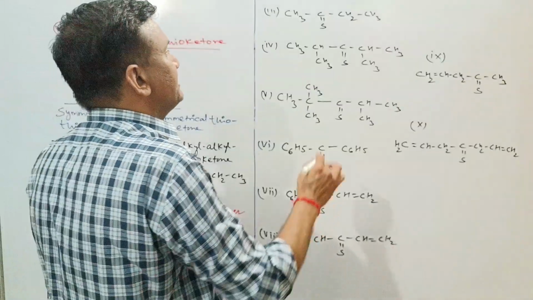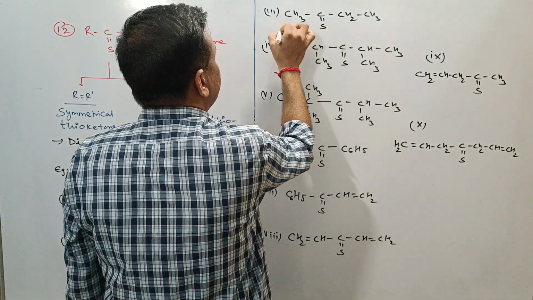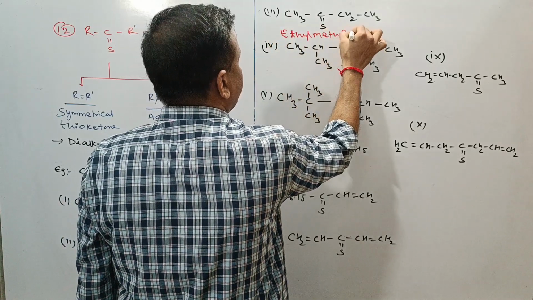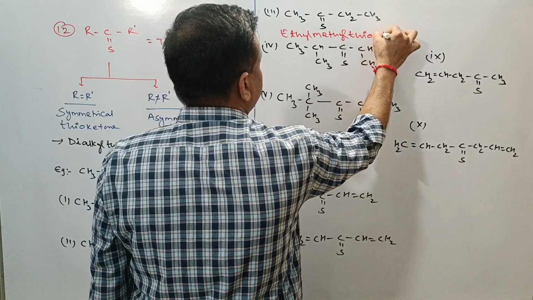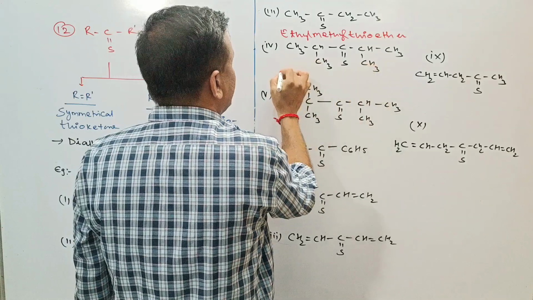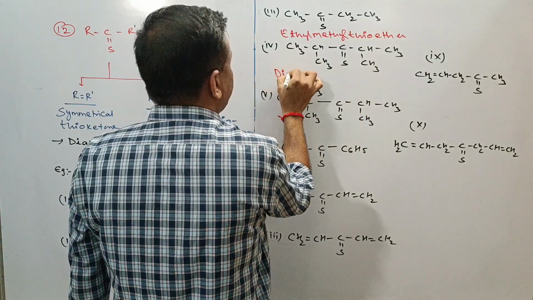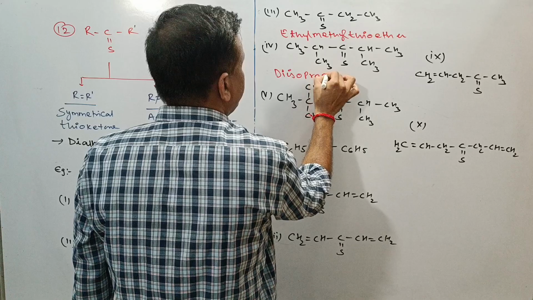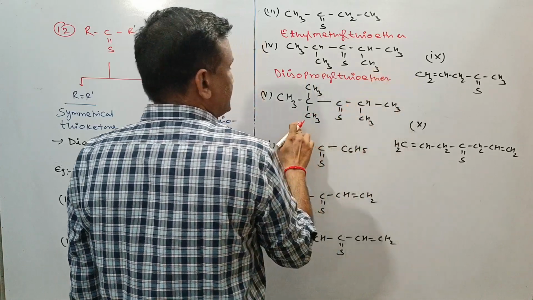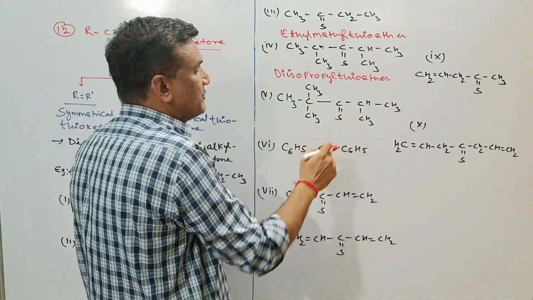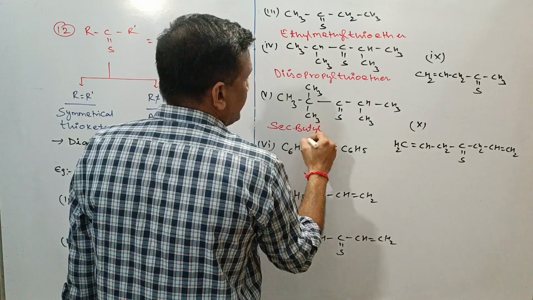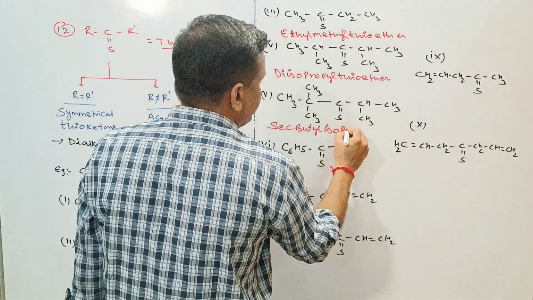This is ethyl and this is methyl, so this will be ethyl methyl thioether. This is isopropyl, so you will say diisopropyl thioether. This is secondary butyl and this is isopropyl, so this is called secondary butyl isopropyl thioether.